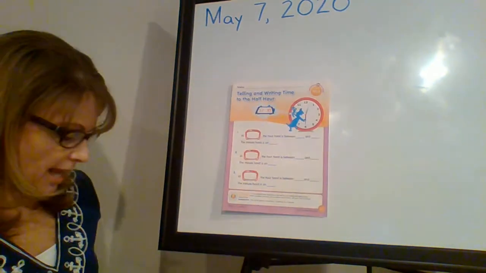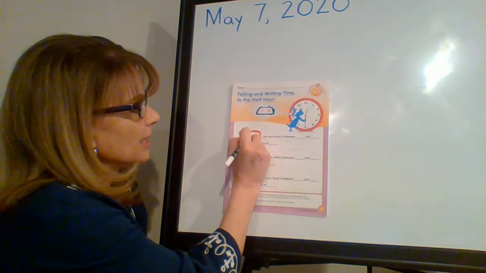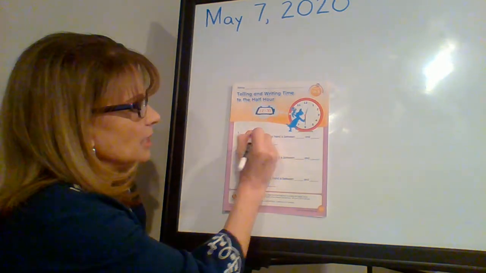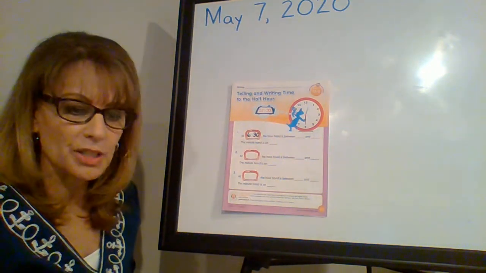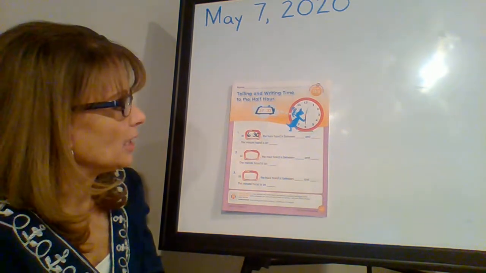So let's look at the first one. If I make this say 6, 3, 0, can you do that on your digital clock? And that says 6:30.